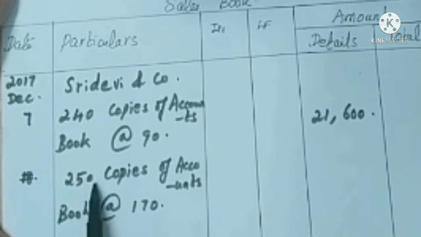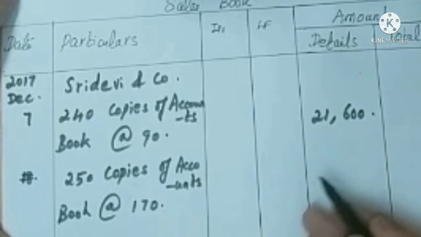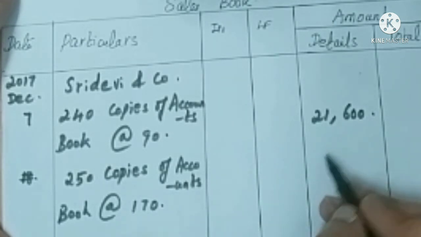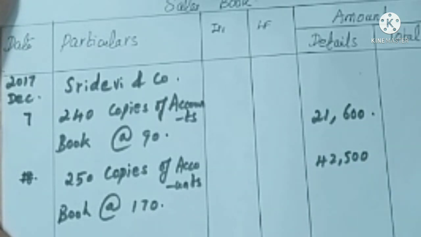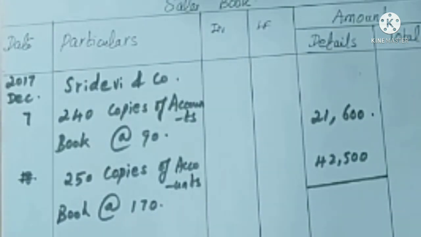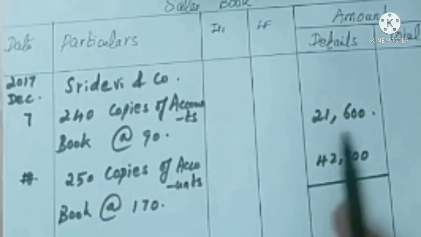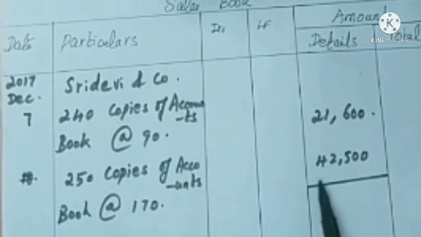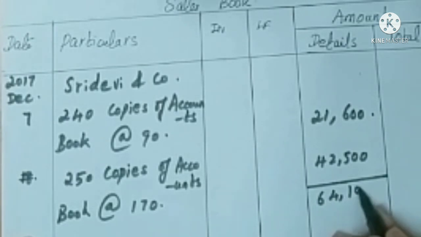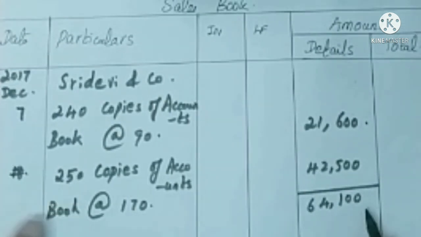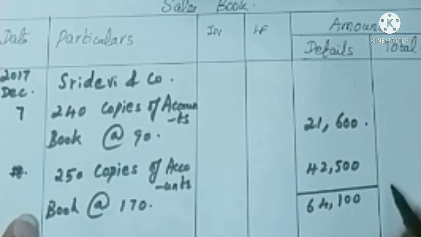So 250 into 170, we get rupees 42,500. Now 21,600 plus 42,500, we get 64,100. This 64,100, we write it in the outer column.